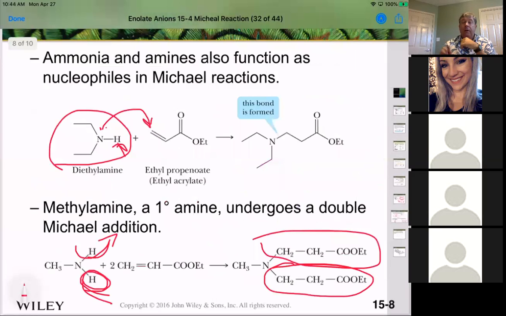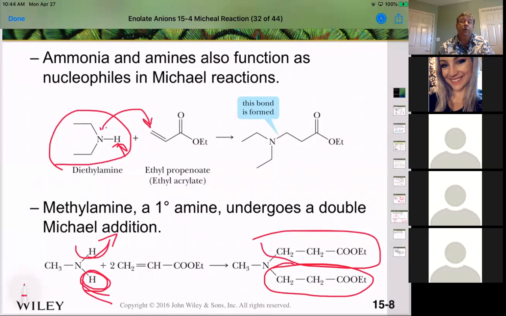Okay, so if we use nitrogen instead of that enolate, we end up with an amine. Typically, because the amines are nucleophilic enough, you rarely stop at a secondary amine.